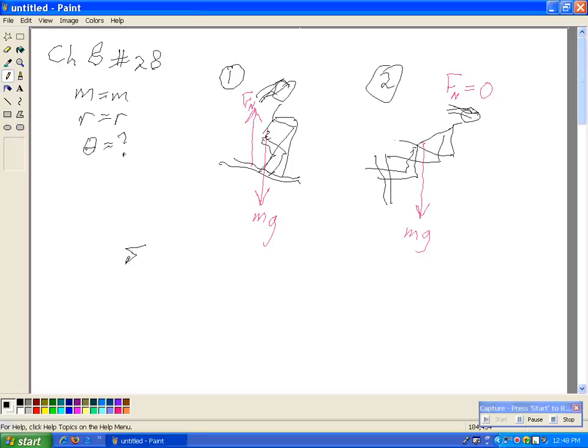Find the sum of the forces. Now, we're looking at part 2, because that's really the question, what's the angle at, and so that happens at part 2. Well, the sum of the forces is kind of strange because we can split the force of gravity into 2 parts.